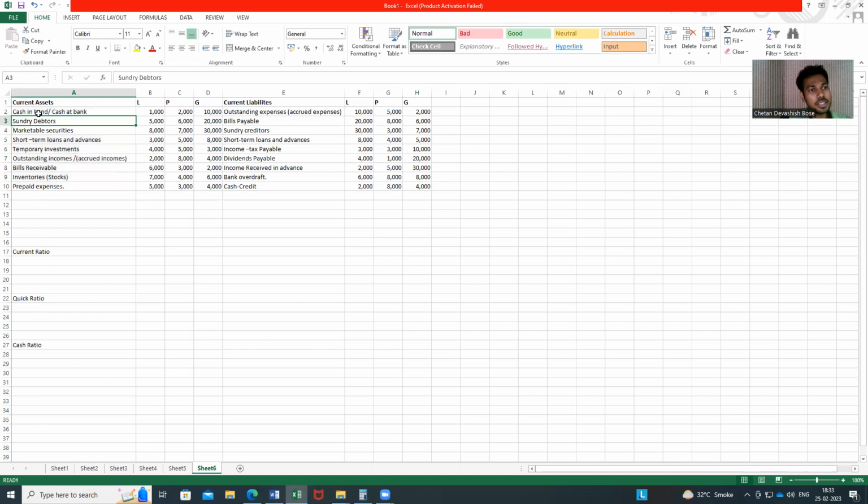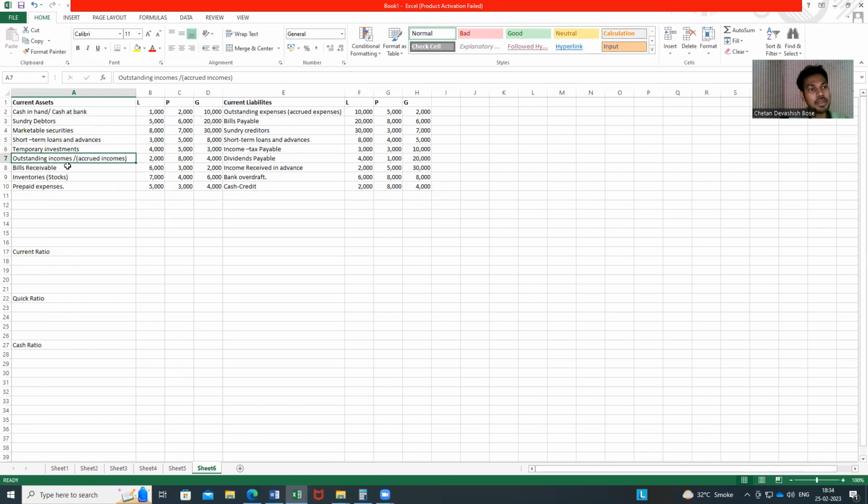Current assets, this is what you can generally see. That is cash in hand or cash at bank. Then sundry debtors. Then marketable securities, short-term loans and advances. Then temporary investment, outstanding income, or else accrued income. If it is accrued, it means outstanding.